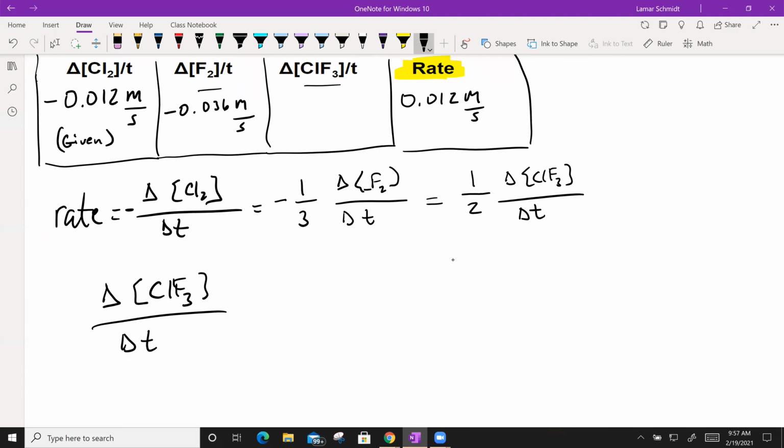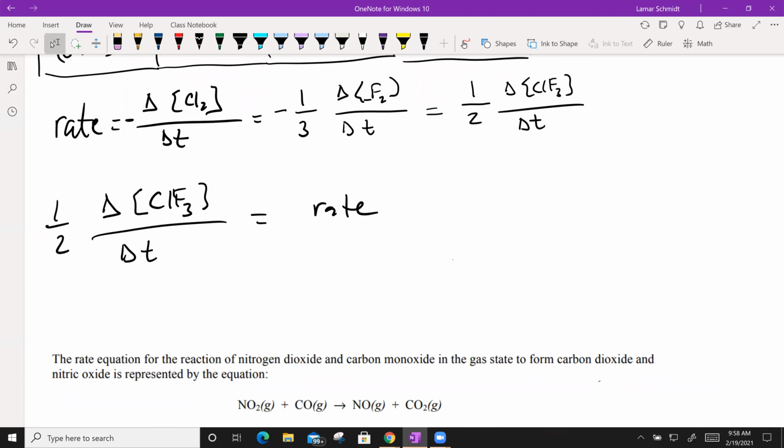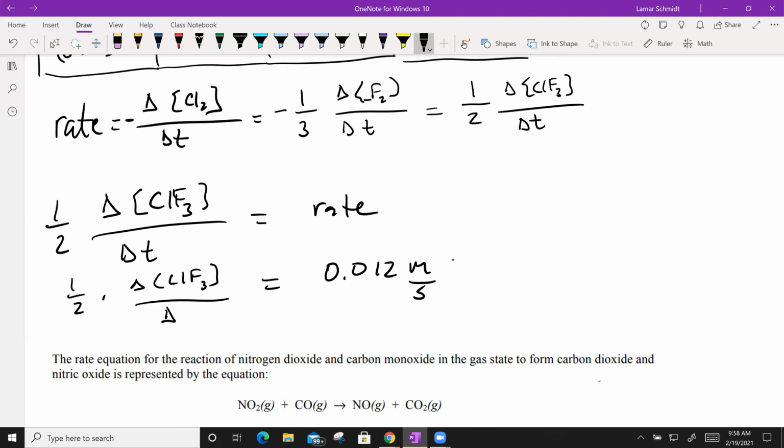All right. And I know that my rate expression is 1/2. All right, 1/2 is equal to rate. So all I have to do is solve for the change in concentration of ClF3 with regard to the change in time. So I'll plug these values in. The rate was 0.012 molar per second. And then here I have 1/2 times the change in concentration of ClF3 with regard to the change in time.